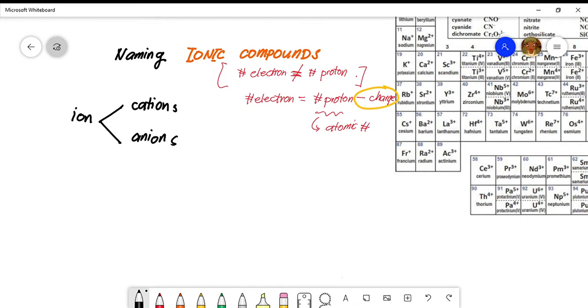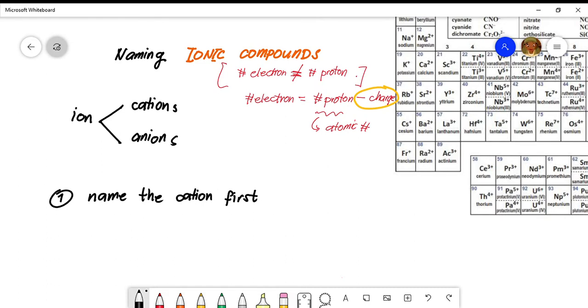So the first thing you want to do in naming ionic compounds is name the cation first, followed by the anion. So name the cation first, the positively charged ion.